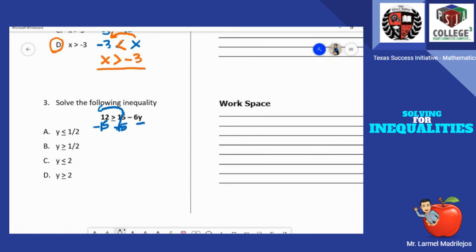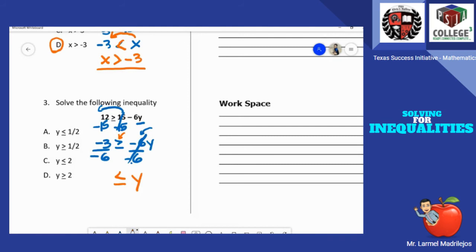So 12 minus 15 is negative 3, less than or equal to negative 6y. Now, take note that you have a negative coefficient here. So if I divide this by negative 6 on both sides, it cancels out. This turns to less than y.